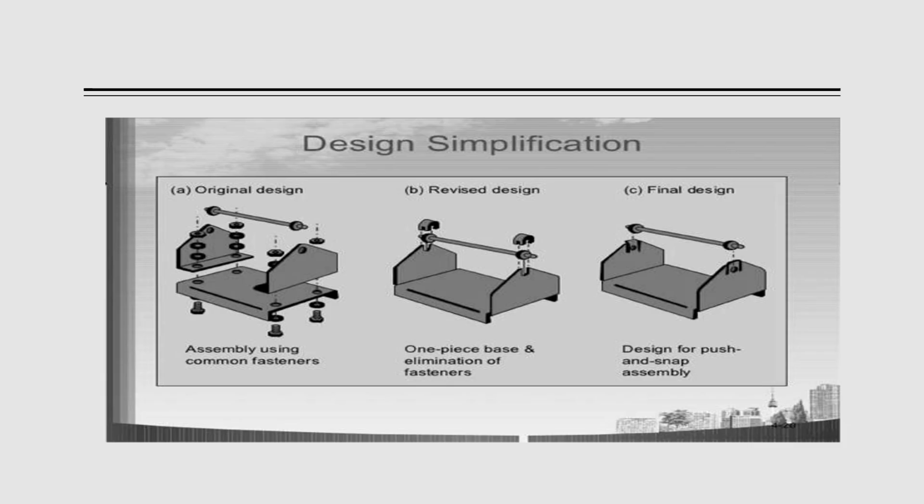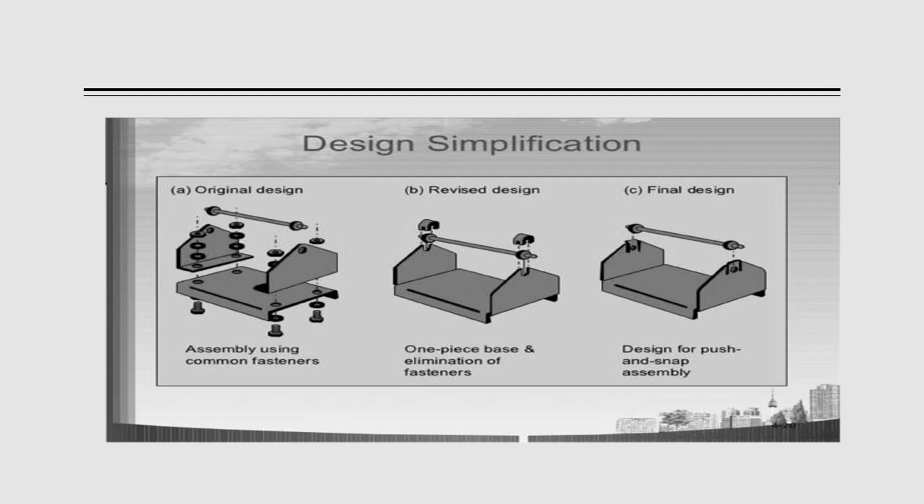Now let's see how we can simplify the design. Now you can see the original design of the bed is a little bit complicated, with more knobs and nuts involved. Therefore, assembly using common fasteners is difficult.